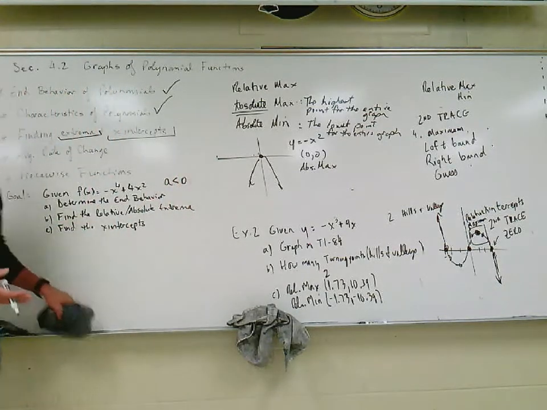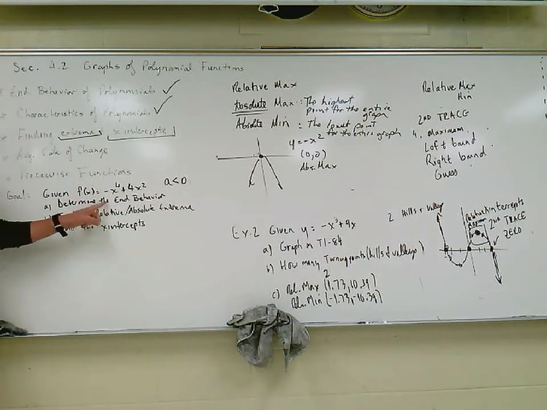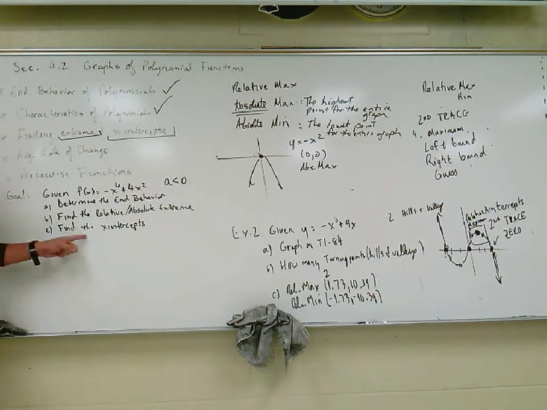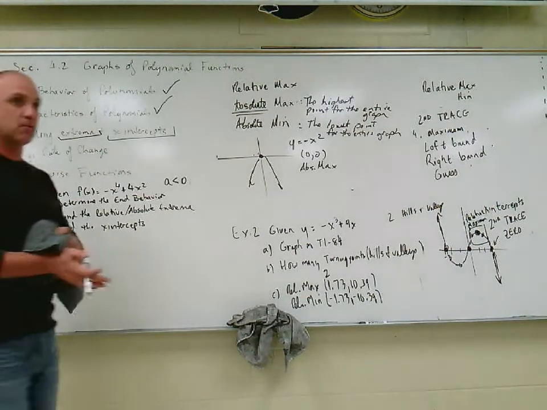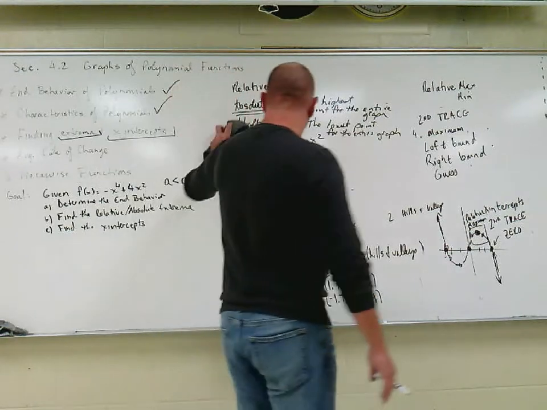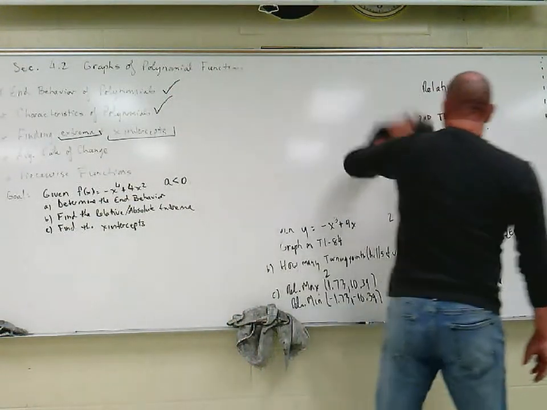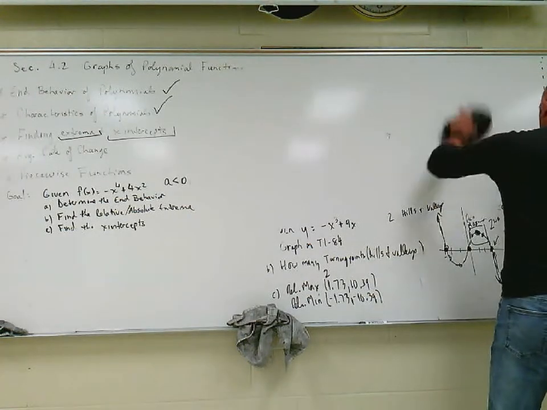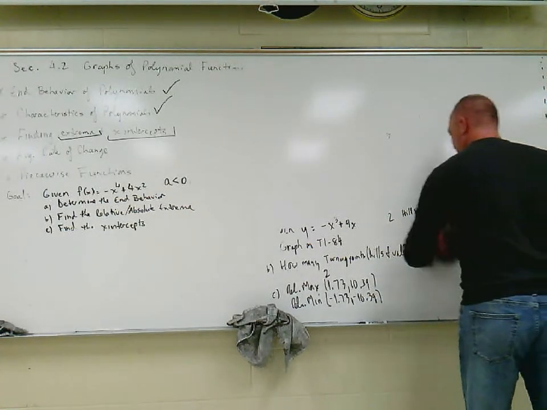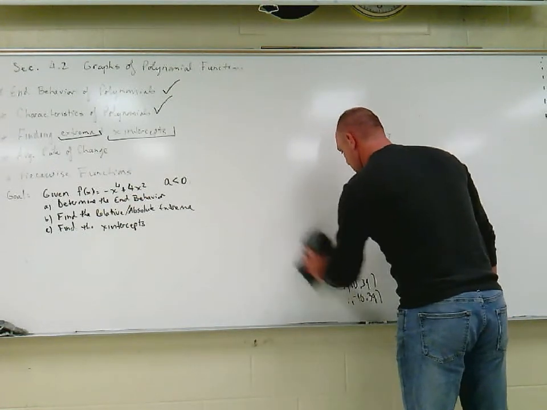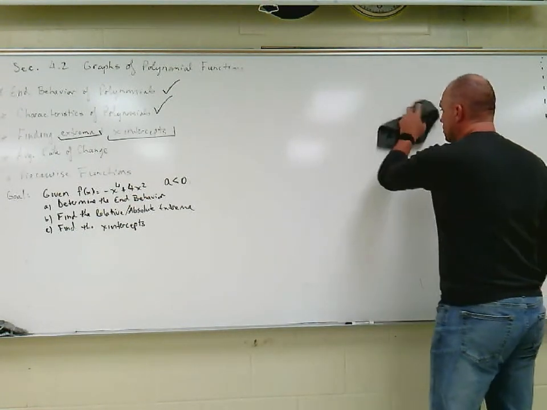That should tell you something about the end behavior. So go ahead and get the end behavior. Use your calculator to see if there's relative or absolute maxes and mins, find those, and find the x-intercepts, and then let's all check our answers and make sure we got it right, okay? Work together with your calculators. Check your work. Take a couple minutes and do that one.